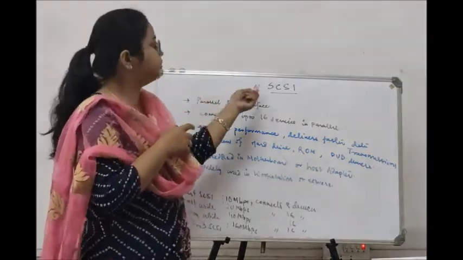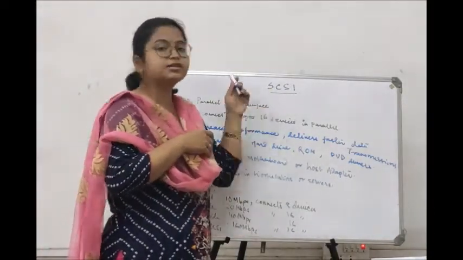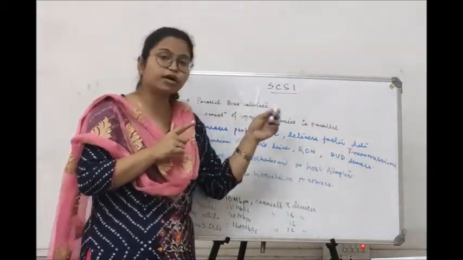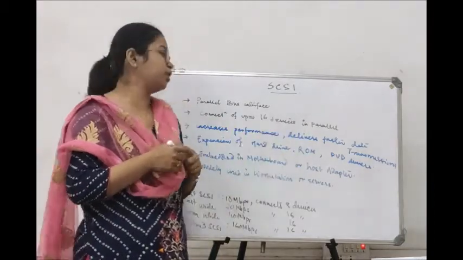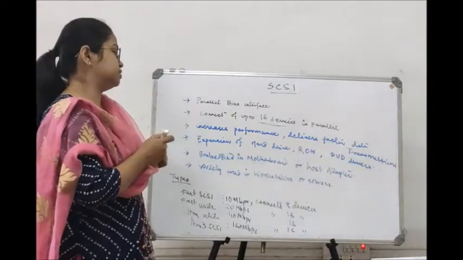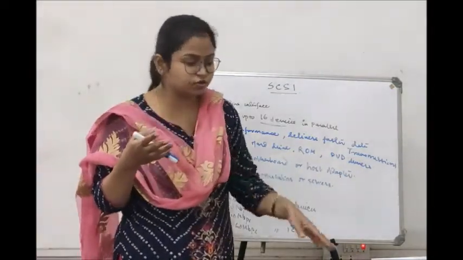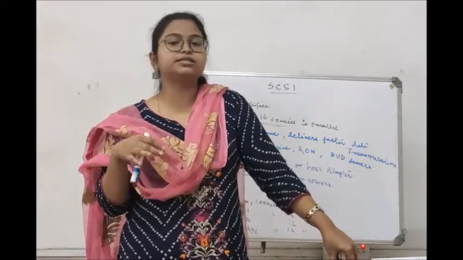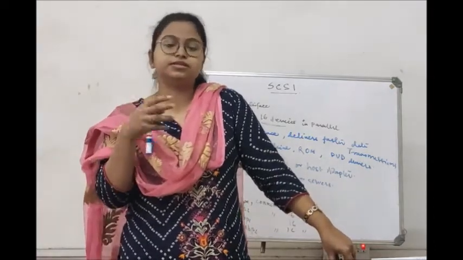So if this bus, SCSI, small computer system interface, connects multiple devices to a PC and they can work in parallel, it can connect up to 16 devices. If parallelism increases, efficiency also increases, which means time decreases.